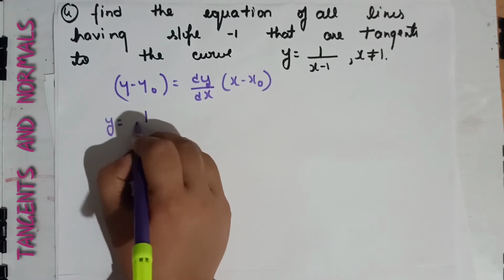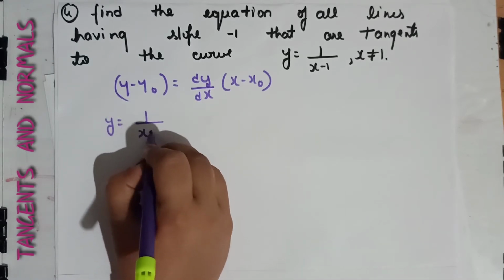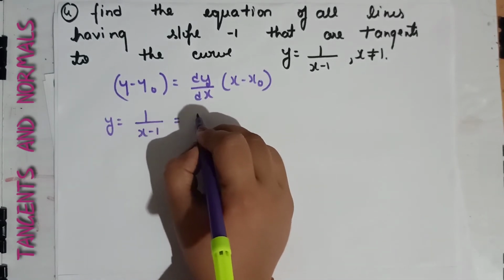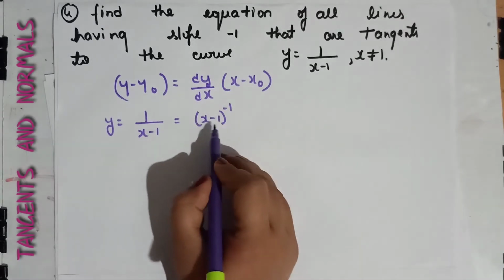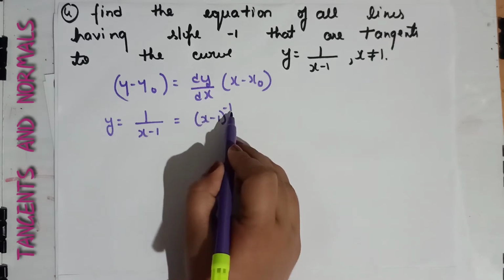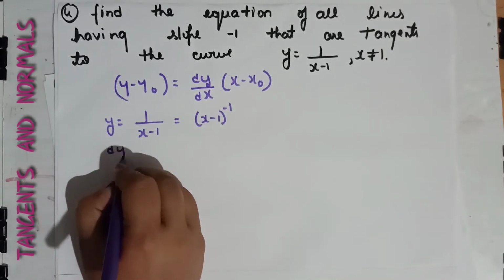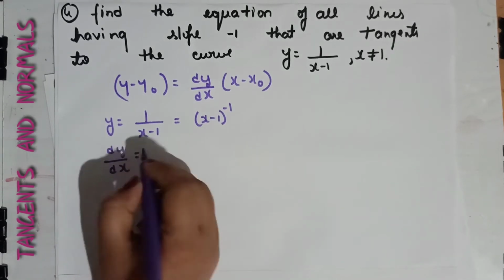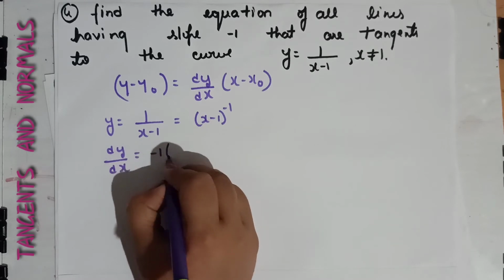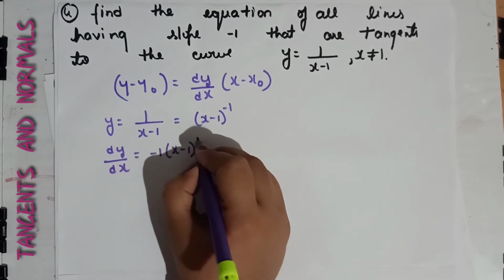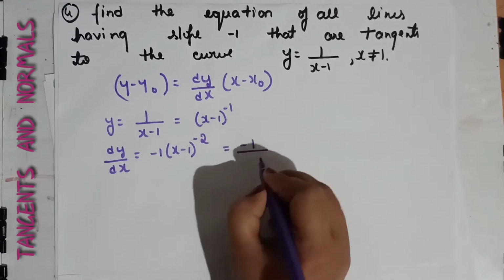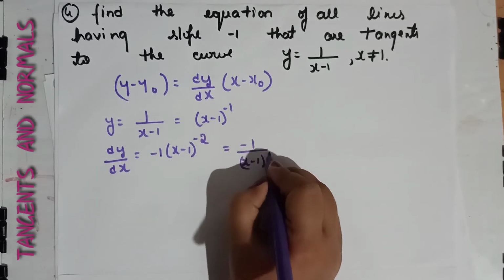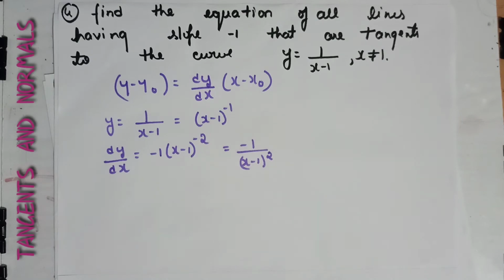So y is equal to 1 by x minus 1. This can be written as x minus 1 to the power minus 1. Now this is of the form x to the power n. Therefore dy by dx is equal to minus 1 x minus 1 to the power minus 2, which will be equal to minus 1 by x minus 1 the whole square, right?